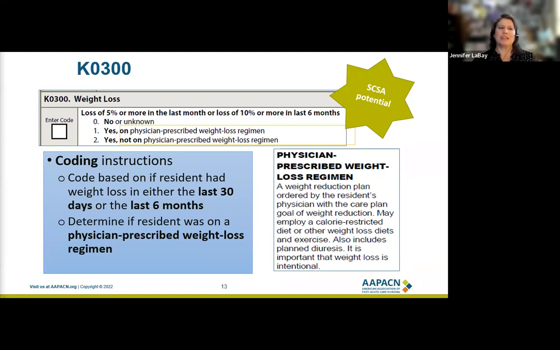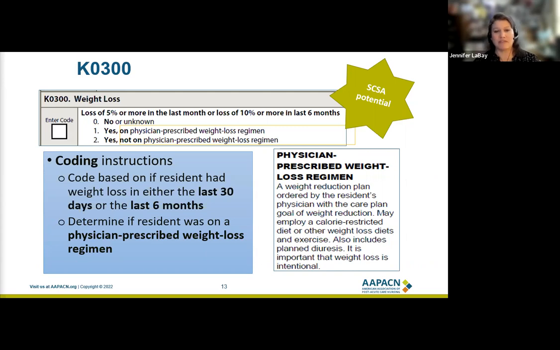Not that, ooh, they lost weight and they were a little overweight, so it's a good thing. If it was not prescribed by a physician, not just the dietitian saying it, but prescribed by the physician prior to the weight loss occurring, we would then have to say that yes, they had the weight loss and they're not on a physician's prescribed weight loss regimen, which could trigger some issues.